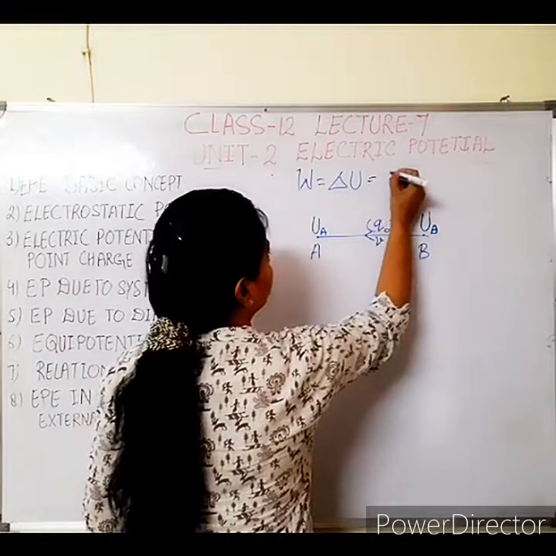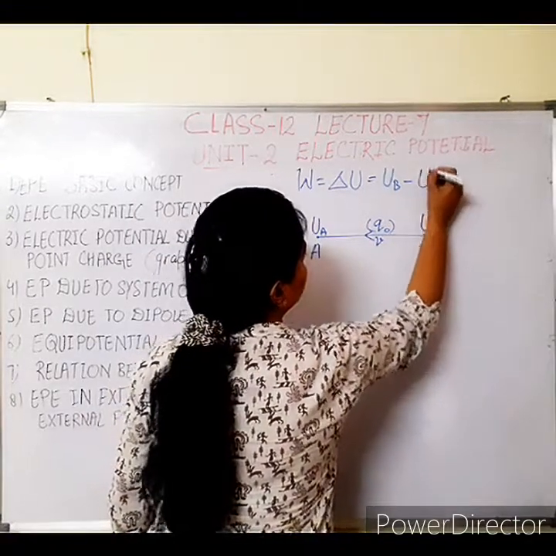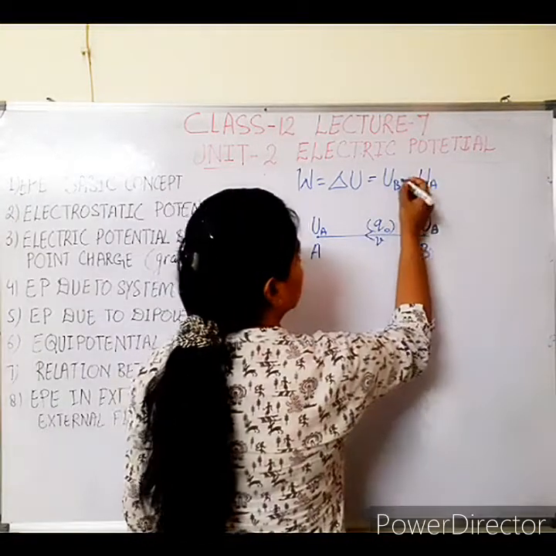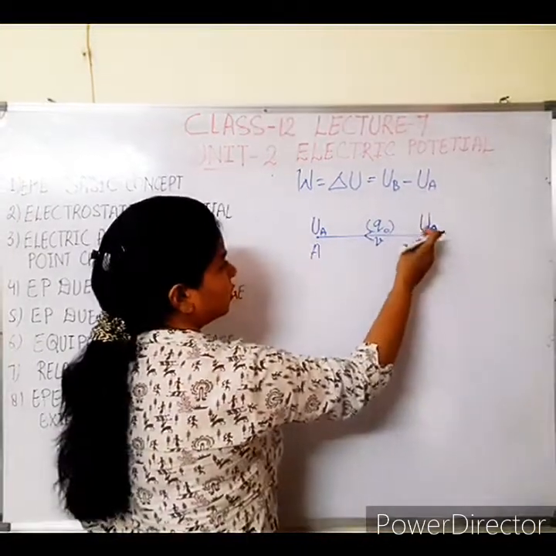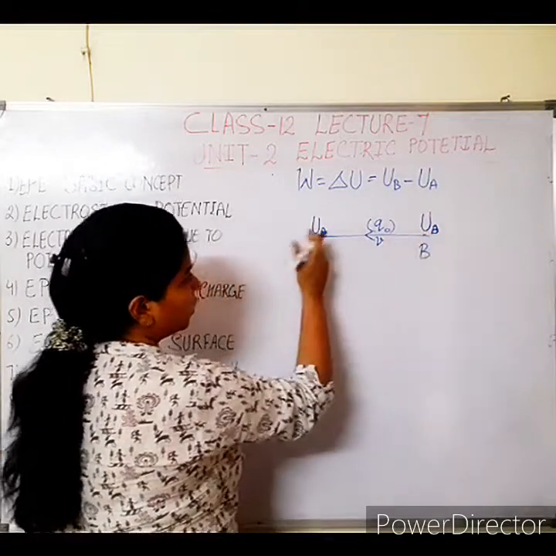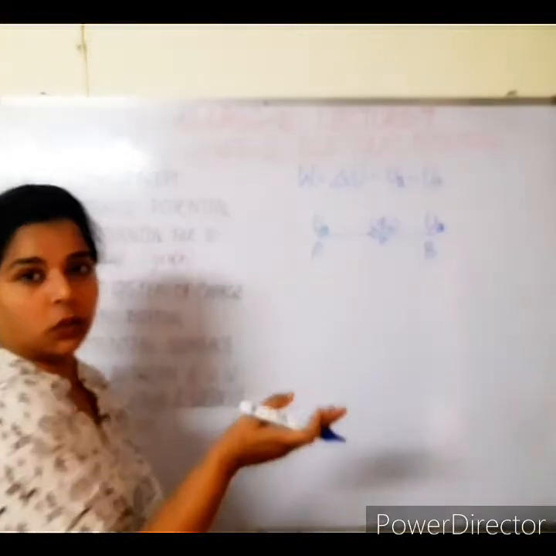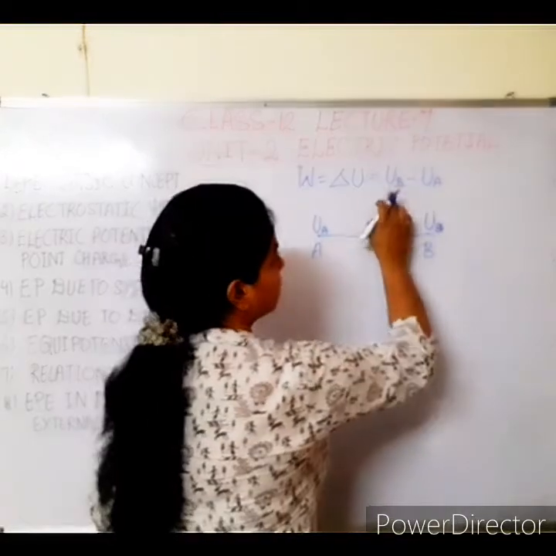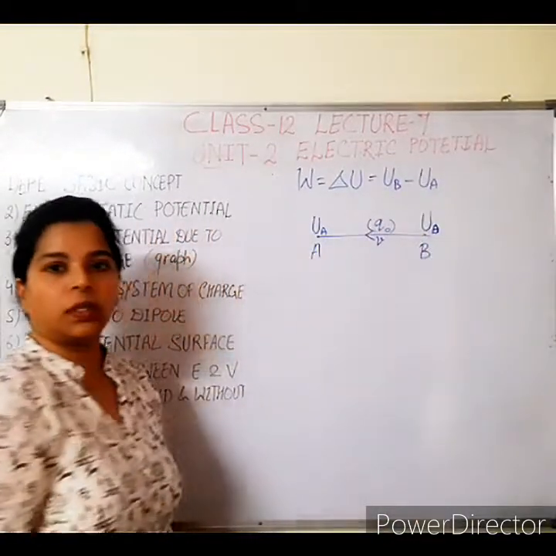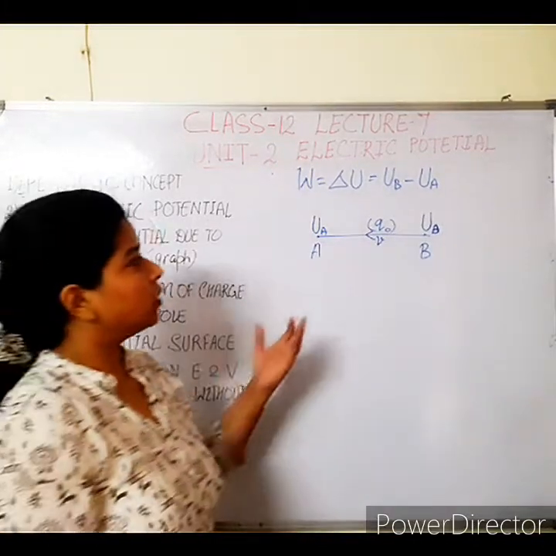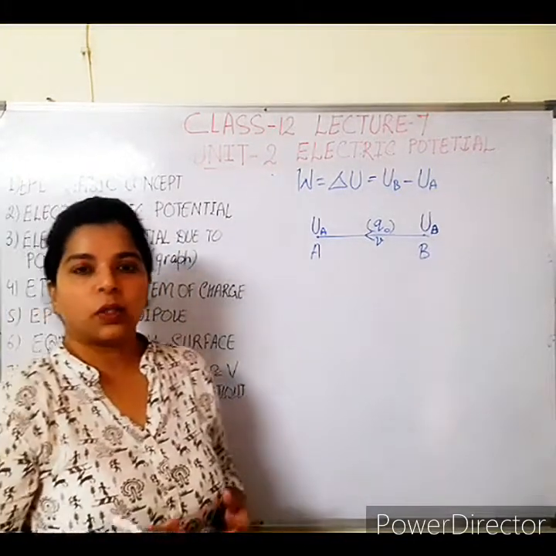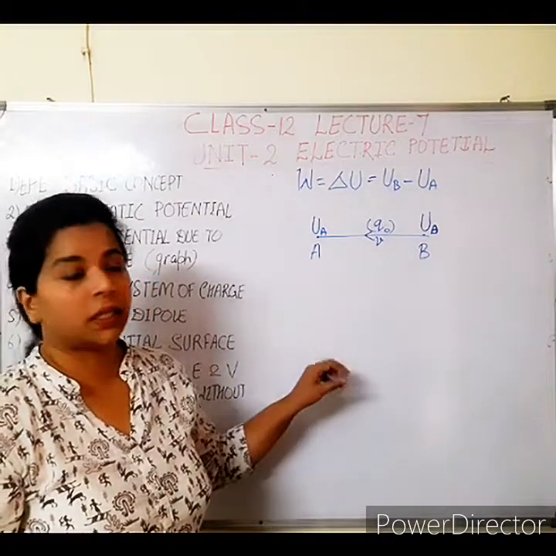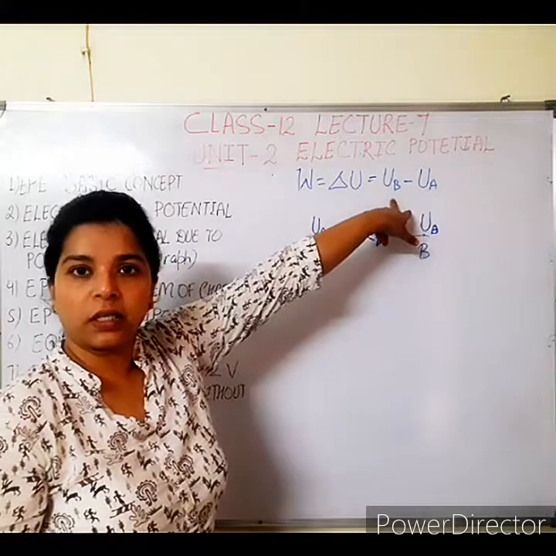So UB and UA are the potential energies at the 2 points. This W can be written as UB minus UA. You can note this down as a difference also, but because the charge body is moving from B to A, UA should be greater because the charge is now closer to the source charge. But we have to write it in this manner only, UB minus UA. Moreover, remember that potential energy in stored form should always carry a negative sign, so this result will come with a minus value.